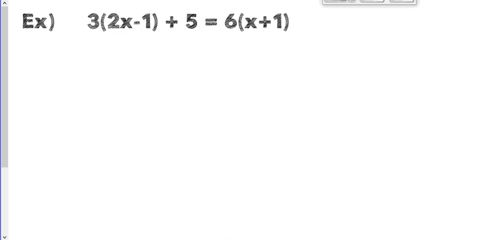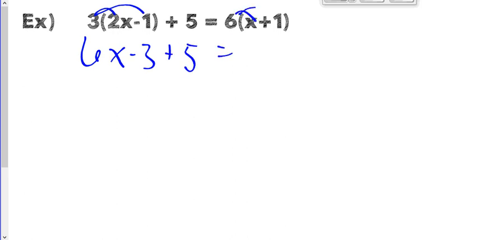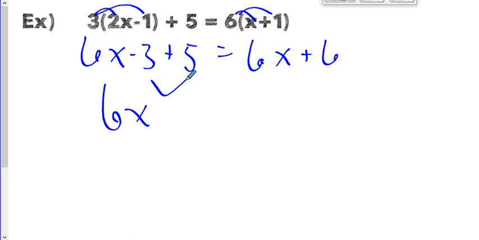Here's one with some distribution. If I distribute the 2x into the negative 1, I've got that 6x minus 3 plus 5 equals 6x plus 6. Combine some like terms on the left side. I've got 6x plus 2 equals 6x plus 6.